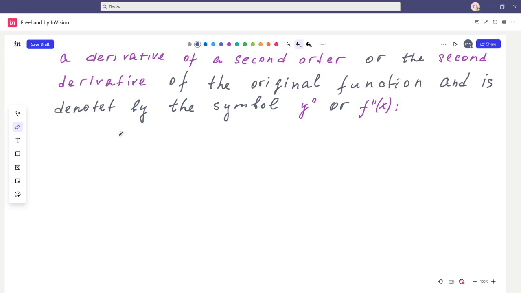y double prime is y prime prime, or f double prime of x.